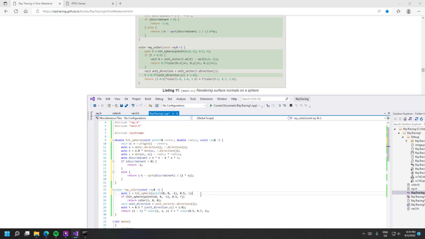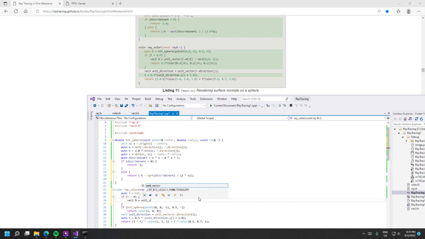And if t is larger than 0, which basically means it hits the sphere, then the vec3 n, the normal vector. Oh, it's so long. I don't know how to type this, but I kind of have to now.